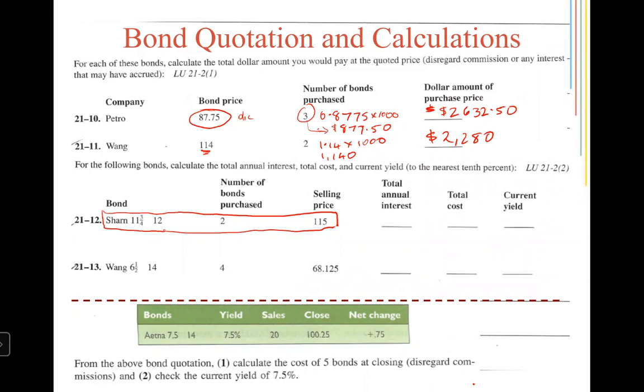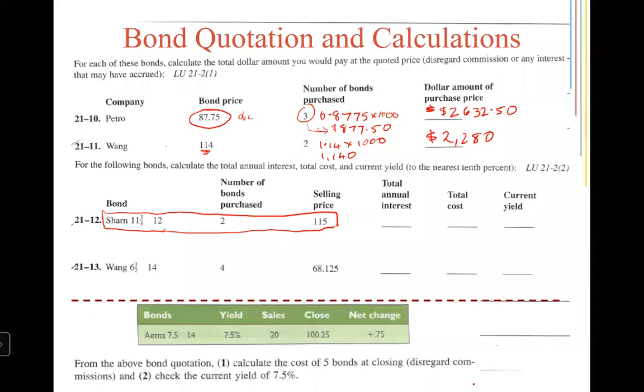So what is the interest rate for this one? What is the rate of interest? You don't have to do any calculations for it. It's stated right there. What's the interest rate? It'll be 11.75%. Okay. So if it's 11.75%, how will we find the annual interest for that particular one?